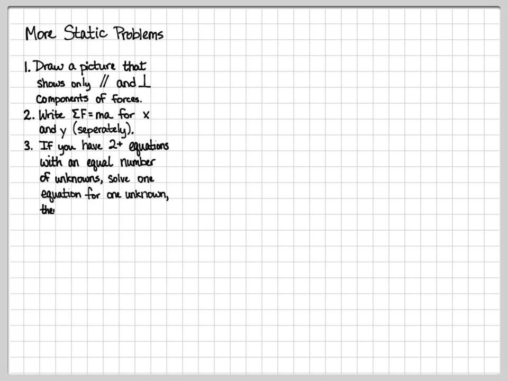It's weird to put it in words. It's a lot easier just to see me do it. So, the final step is to solve everything, which is easier said than done. So, let's get started with an example.